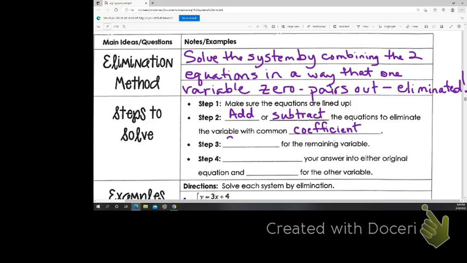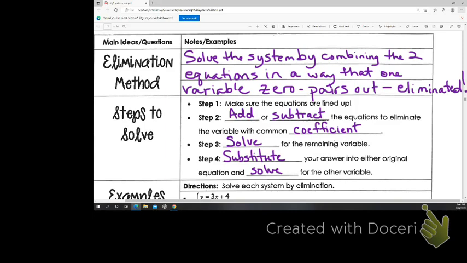And then after we've done that, we only have one variable in the equation, so we can solve for that one remaining variable. And then like what we did with substitution, we can substitute your answer into either original equation and solve for the other variable.